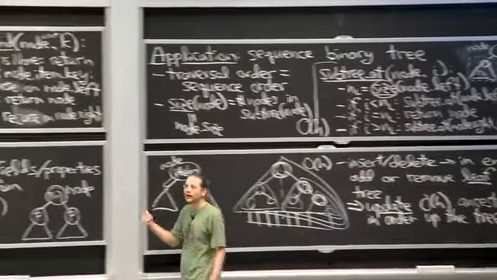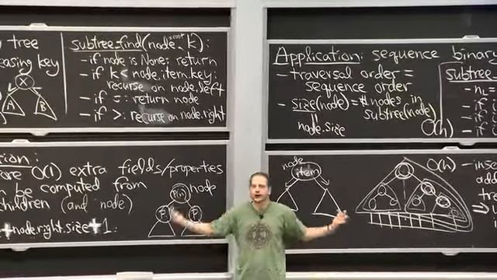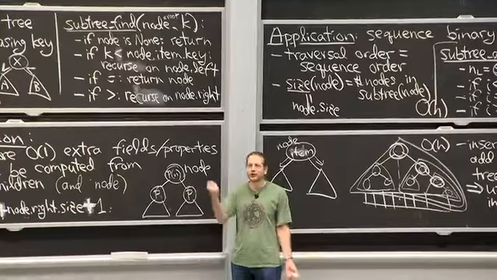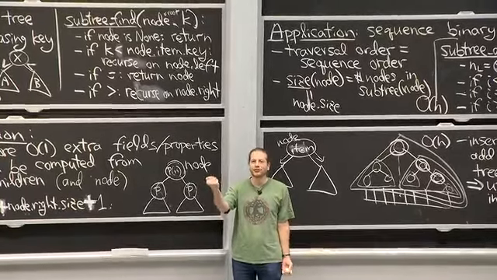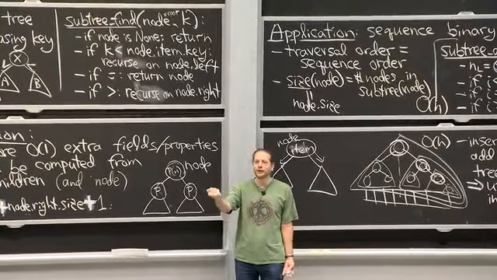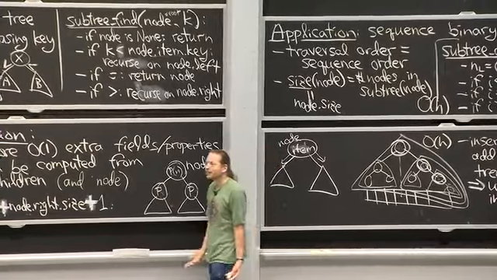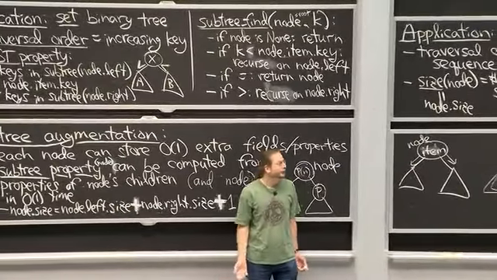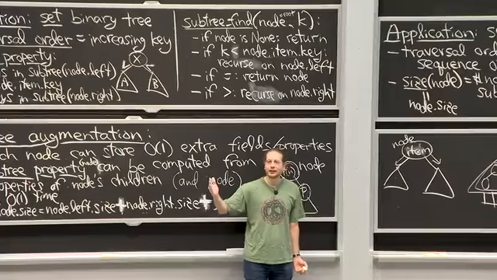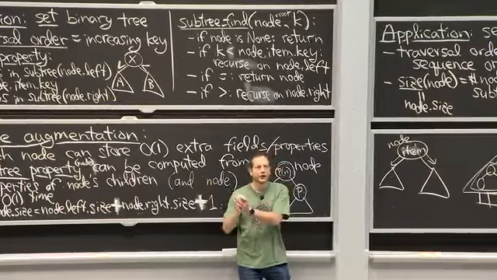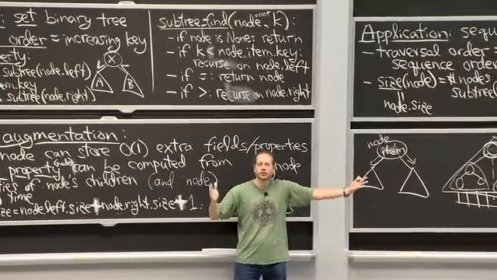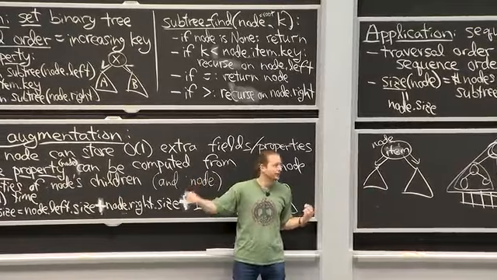I wanted to know what is the ith node in my tree. Well, I'll just use data structure augmentation and store in every node its index, 0 through n minus 1. I can't maintain that efficiently because if I insert at the beginning of my traversal order, then all the indices change. So that's an example of an edit.